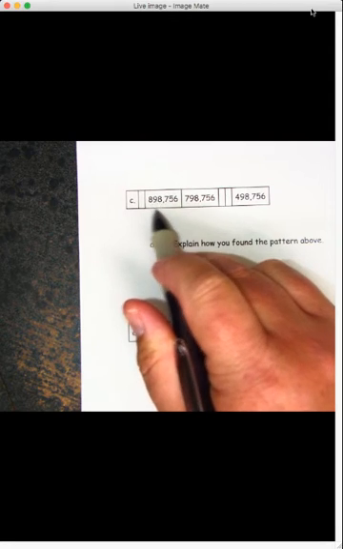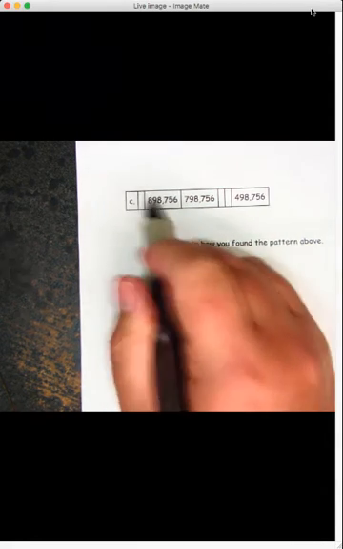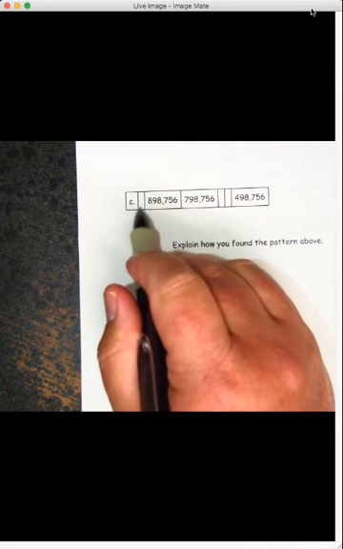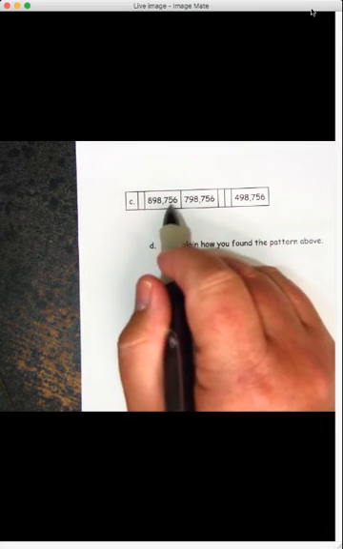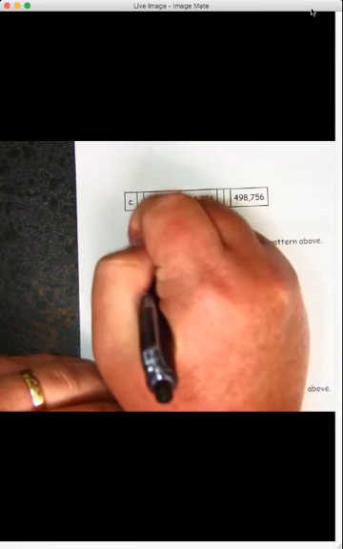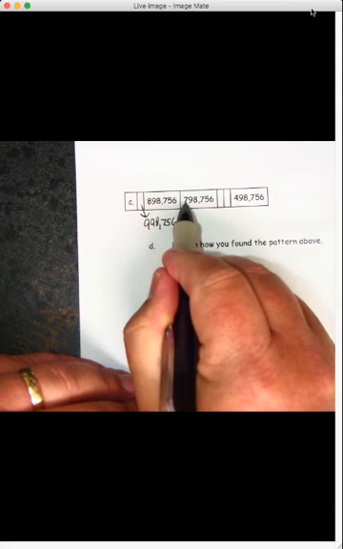And it looks to me from here to here, it went down by 100,000. So I have to think what was here that went down 100,000 to get to 898,756. Well, 100,000 more than that, wouldn't it be 998,756? Let's see if that makes it. It's 9, 8, 7. Yes.